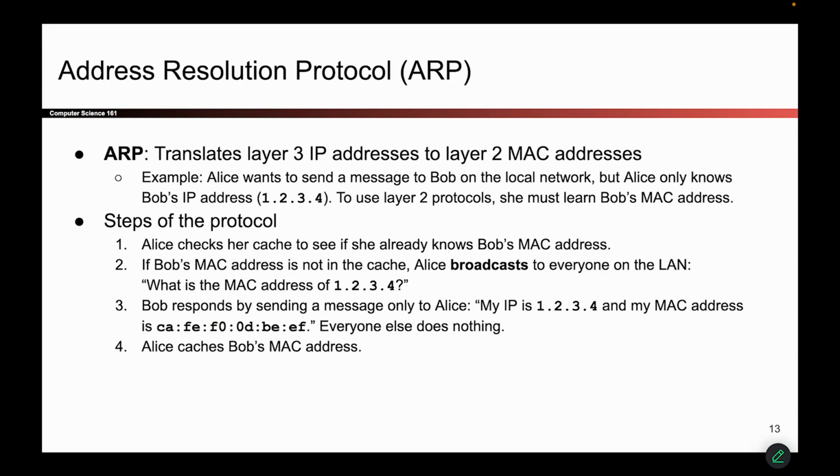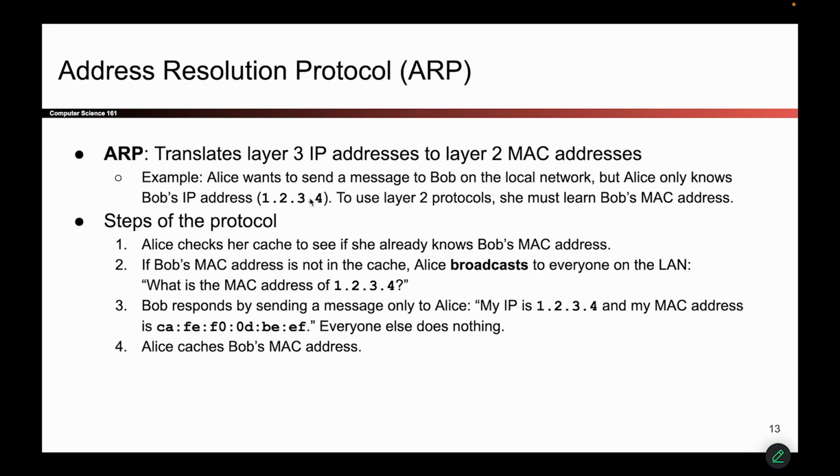So one problem if you have two different addressing systems is that sometimes you'll want to convert between one address and another. So let's say that Alice and Bob want to talk to each other, but Alice only knows Bob's layer 3 IP address. Now, if she wants to use a layer 2 protocol, she would have to know Bob's layer 2 MAC address as well.